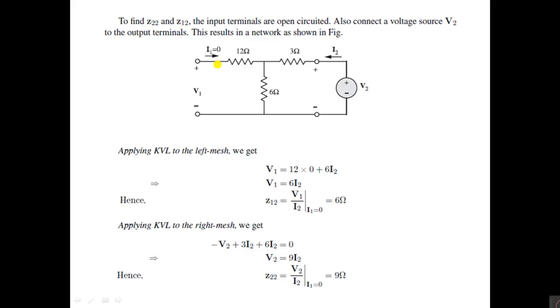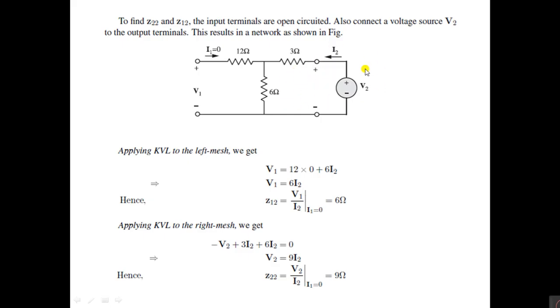Now, if you write the equation for this loop, minus V1 plus 12 into 0 plus 6 into I2, you will get V1 equal to 12 into 0 plus 6I2. So V1 equal to 6I2. So Z12 equal to V1 by I2. That value becomes 6.